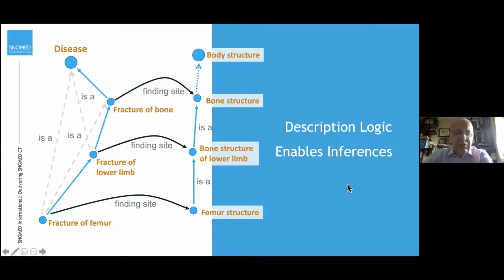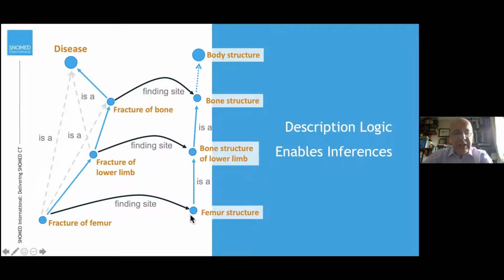And really, a lot of that is then governed by description logic, which then enables inferences. So the example here, you have a fracture of bone, which has a finding site of femur structure. The fracture of femur, because it's an ISA relationship, is a type of fracture of lower limb, which is a type of fracture of bone, which is a disease. And also fracture of femur, by definition, must be a type of disease.